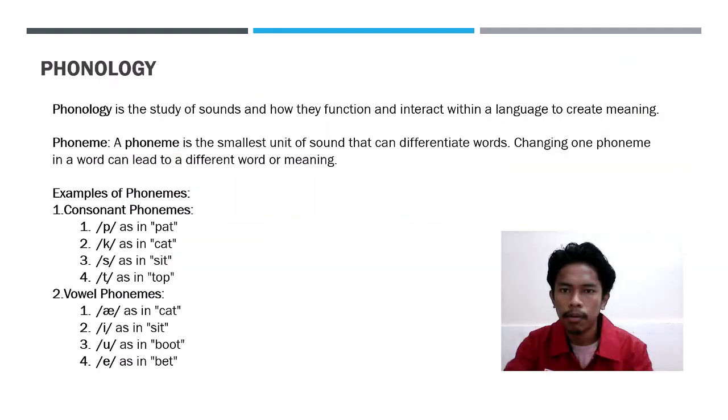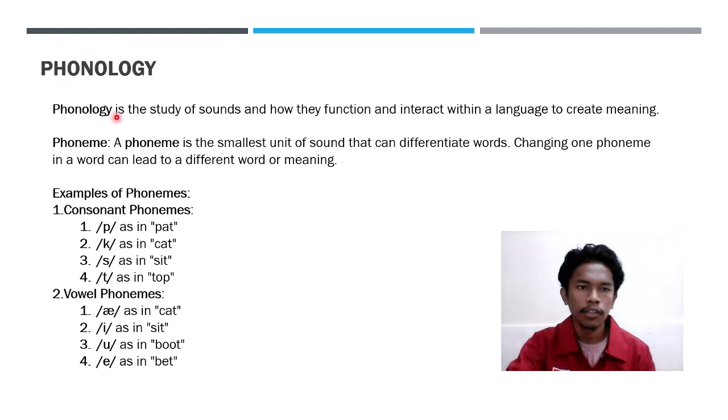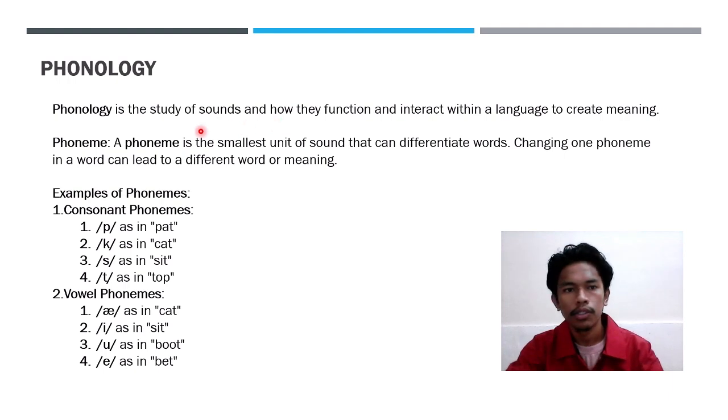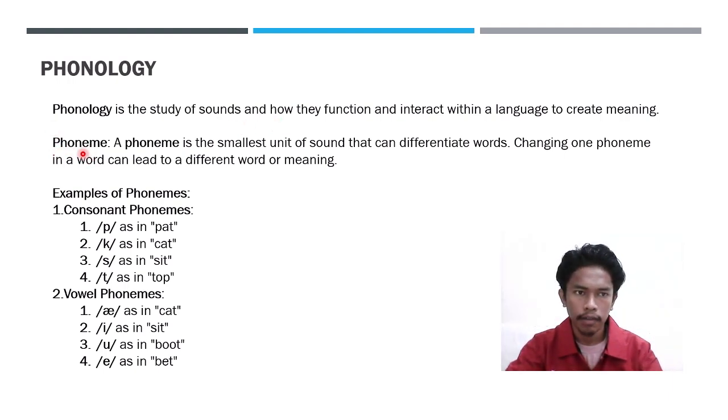Here we talk about phonology. The definition: phonology is the study of sounds and how they function and interact within a language to create meaning. Different from morphology, here phonology is the study of sounds. Then phoneme. A phoneme is the smallest unit of sound that can differentiate words.